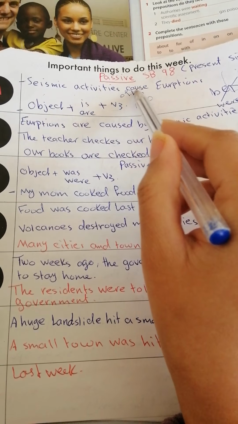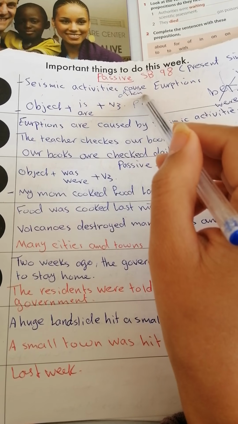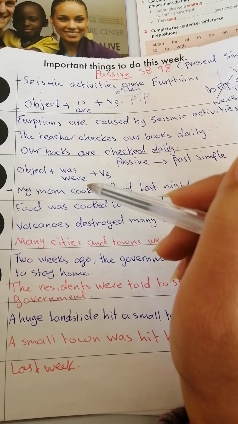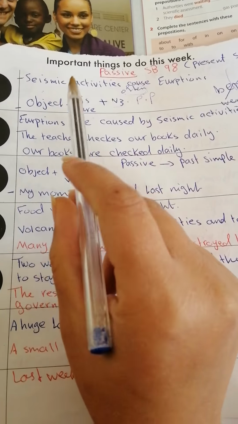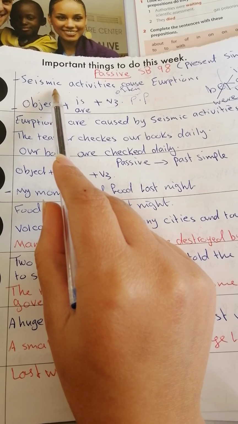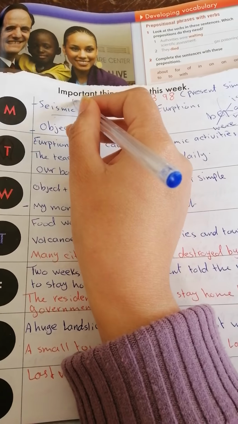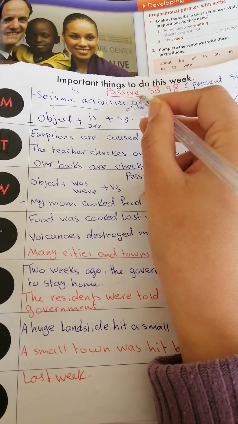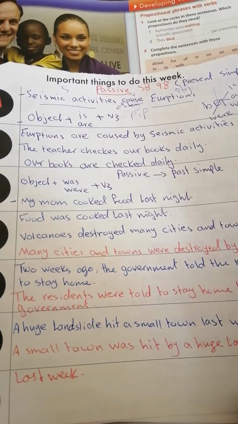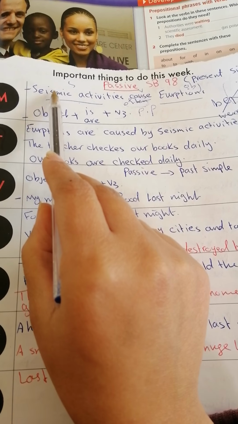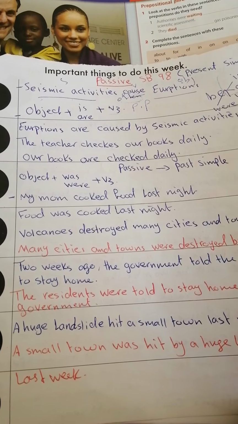Because you look at the verb, it's verb 1, and we use often as a keyword for you. Now, what do we have to do here? We need to find where the subject is. Seismic activities is the subject. Cause is the verb. Eruptions is the object. This is an active sentence because here we focus on the subject as the main doer of the action.